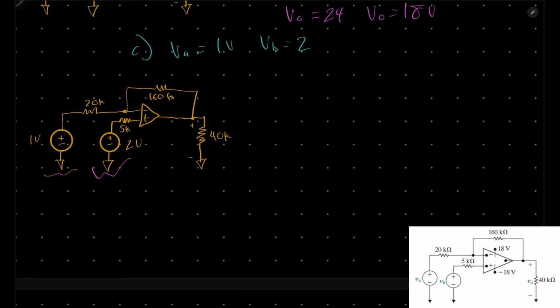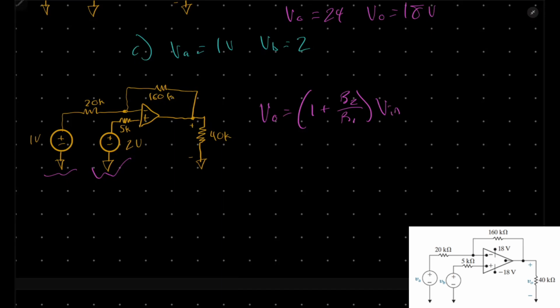So we need the voltage going through our 5K, which is going to be the equation for a non-inverting amp. And the equation for our non-inverting amp is V out equals 1 plus R2 over R1 times our V in.